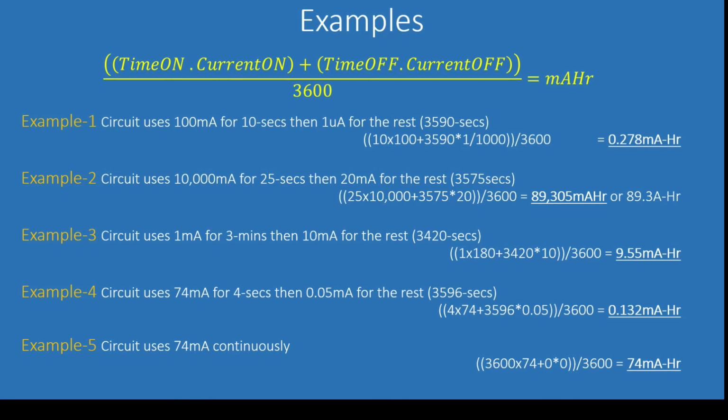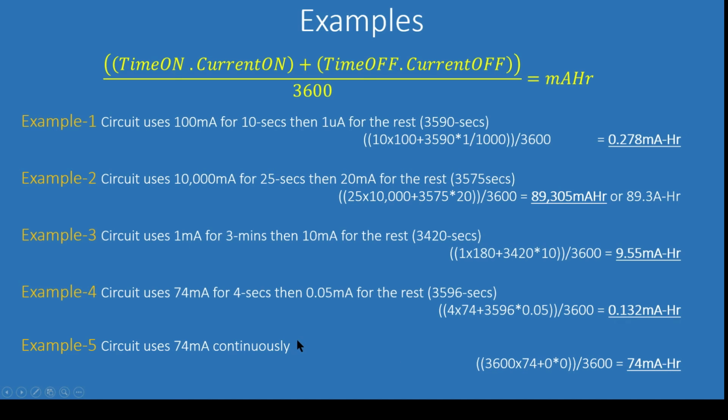So it uses 74 milliamps for 4 seconds and then 0.05 milliamps or 50 microamps for the rest of the hour, and that gives you an answer of 0.132 milliampere hour. Or finally a circuit that continually uses 74 milliamps, and the answer is 74 milliampere hours.